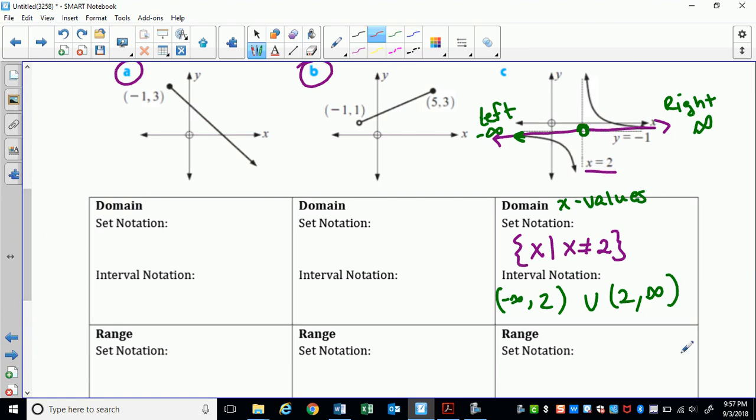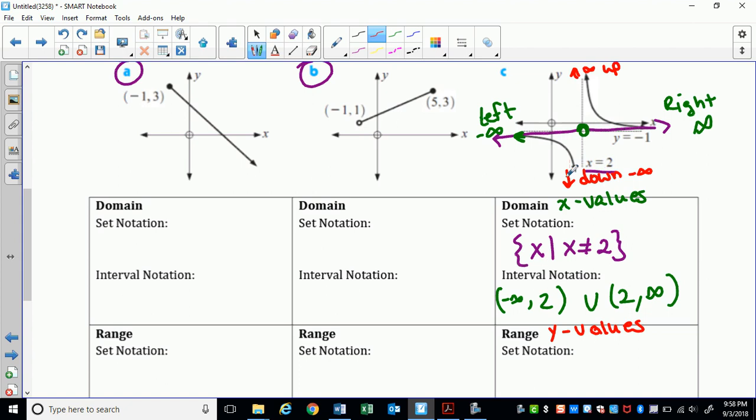My range is going to be my y values. We're always going to start with the bottom, and all the way down, down, down means negative infinity. And all the way up, up, up, if we have an arrow going up, this means infinity. We don't put positives next to our infinities.